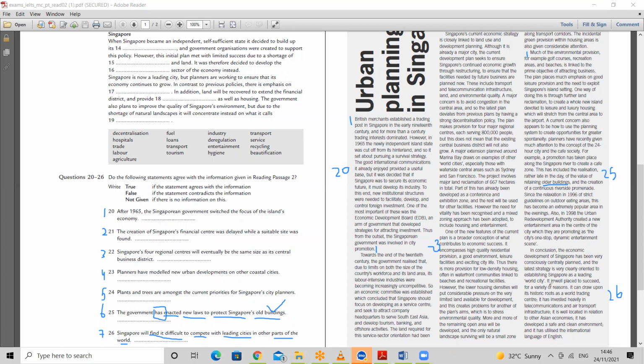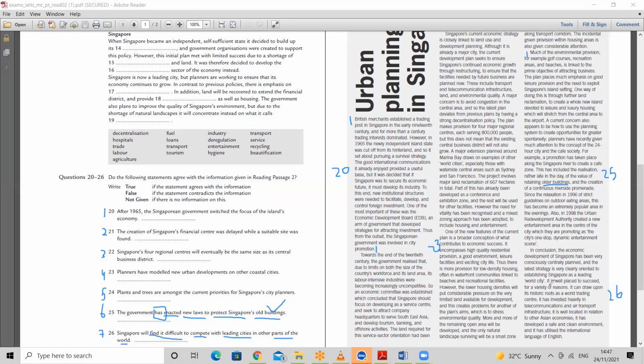Now, in the question, it says that Singapore will have a lot of problems competing with the other leading cities in other parts of the world. Now, if you look at the first sentence of the last paragraph, it says that the latest strategy is very clearly oriented to establishing Singapore as a leading world city.